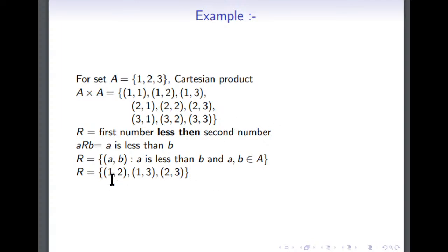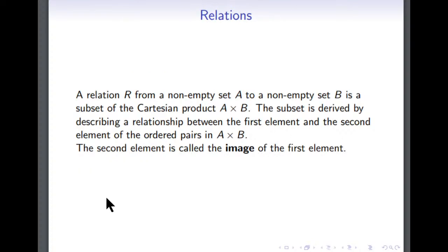You will see in my relation, I put in elements from the Cartesian product. So I can say the elements which are in the relation are also in the Cartesian product. Now from the definition of subset, you can say that a relation between sets is a subset of the Cartesian product, because all elements in a relation come from the Cartesian product. Now with this example, recall the definition.